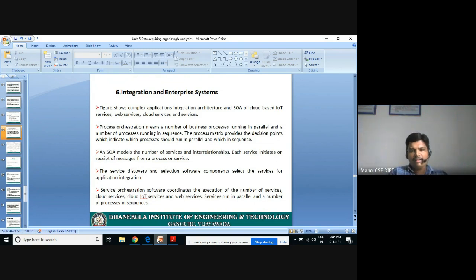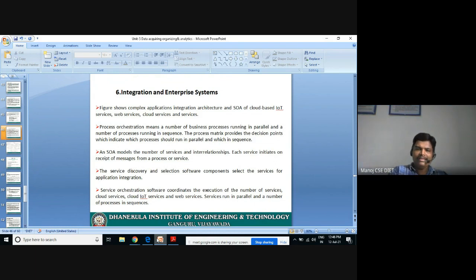Here are the number of services and their interrelations regarding our service oriented architecture model. There is a diagram with a number of services, and each and every service has interrelationship, interdependency, and inter support, and exchange of data can be done there.